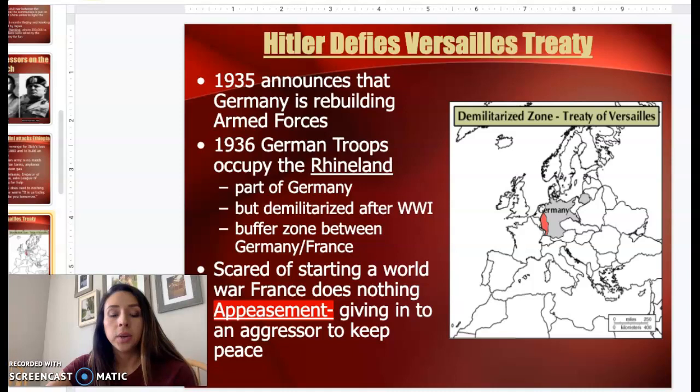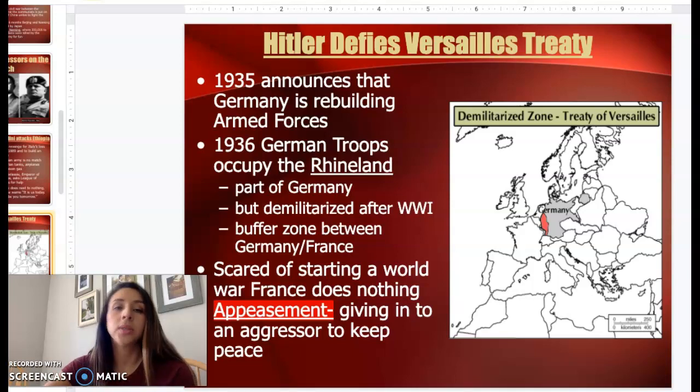Let's take a look at Hitler. So Hitler defies the Treaty of Versailles. Remember that the Treaty of Versailles was a source of great discontent for the German people. Remember that the Germans felt deeply humiliated by the terms of the Treaty of Versailles.